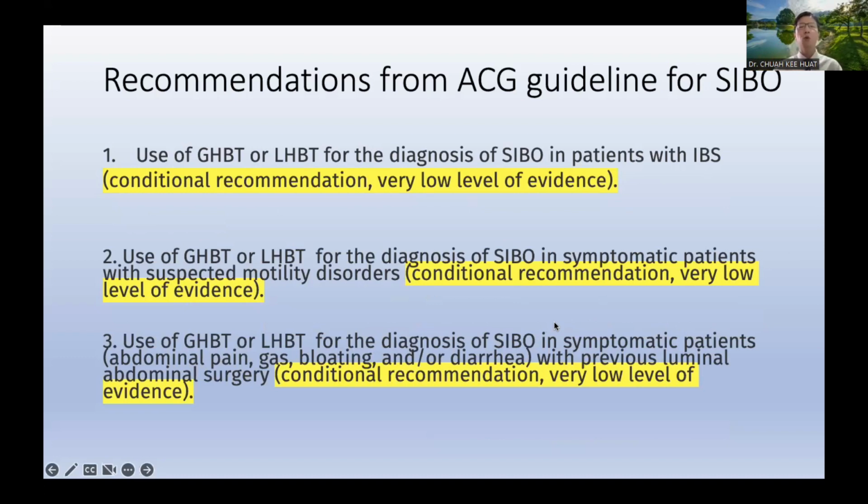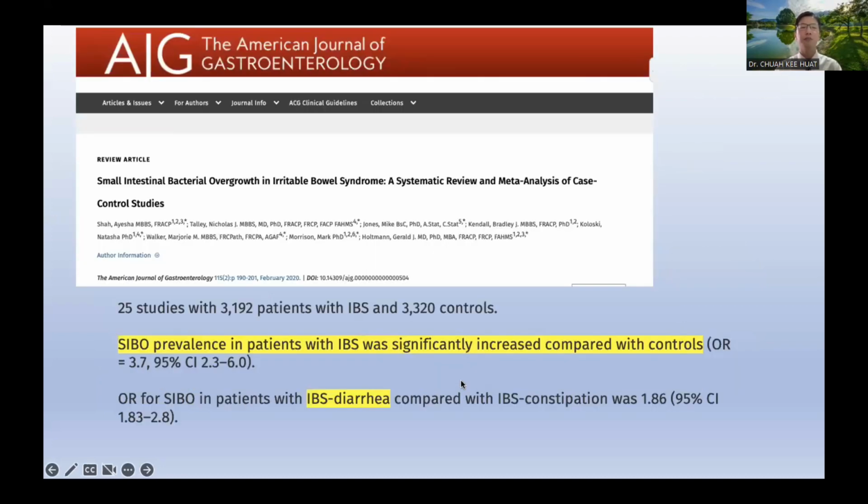Regarding recommendations on who to test for SIBO, the American College of Gastroenterology guideline suggests that for patients with IBS, you should consider doing a SIBO test, like a hydrogen breath test. You can also consider a hydrogen breath test for symptomatic patients with a suspected motility disorder, or symptomatic patients with a previous history of abdominal surgery.